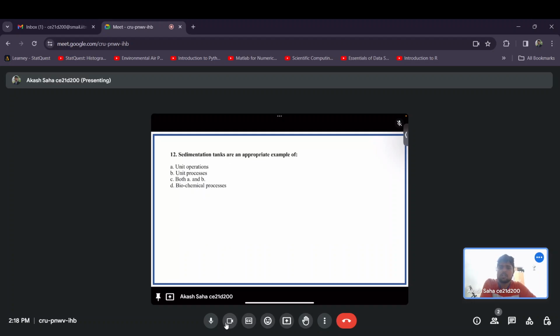Now the 12th question. Sedimentation tanks are an appropriate example of, is it a unit process, unit operation, both A and B, or a biochemical process? So here we are talking about the sedimentation tanks. Is it a unit operation or a unit process or biochemical process or both of them?